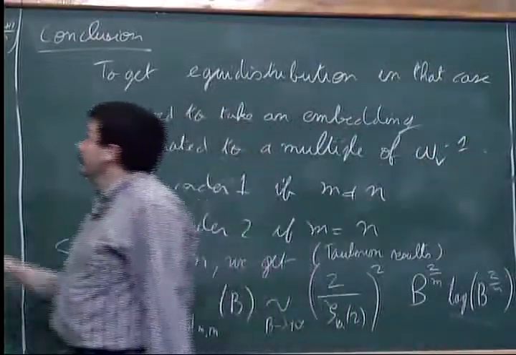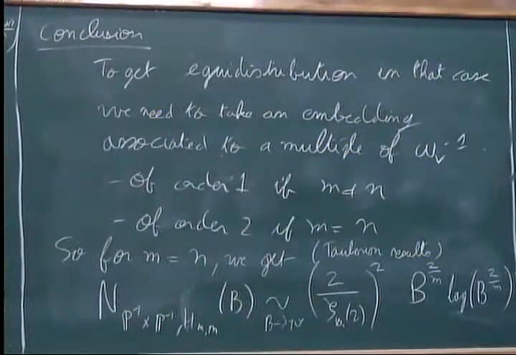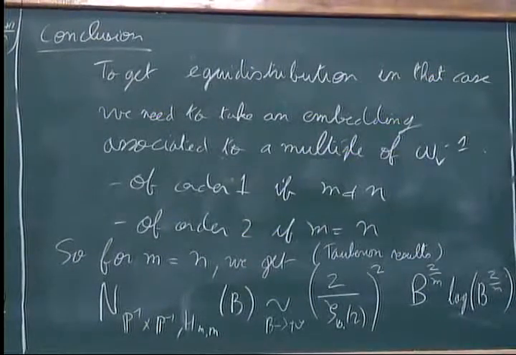And to get a power of B which is equal to 1, you need to take really the anticanonical line bundle. Well, if you look at the previous example, namely P^m, it's exactly the same.